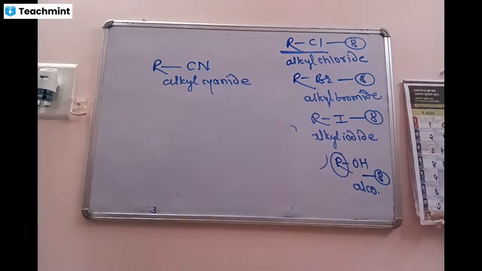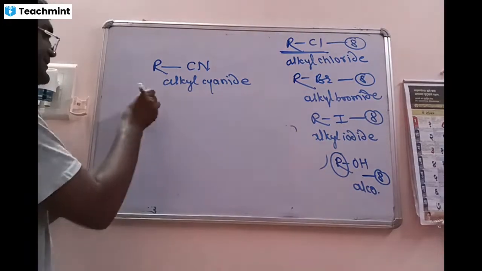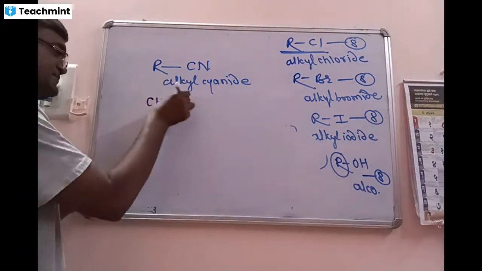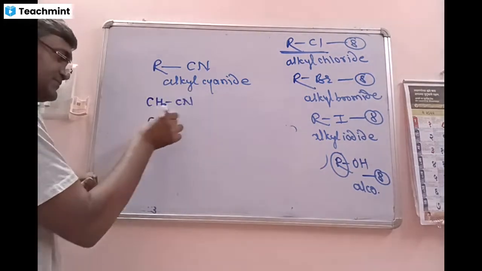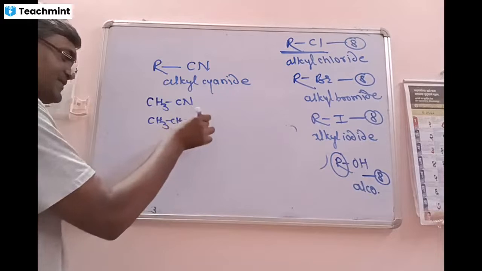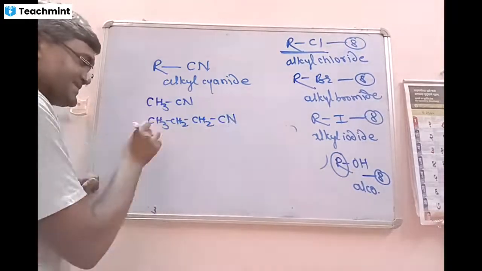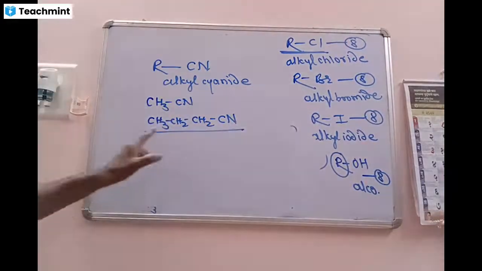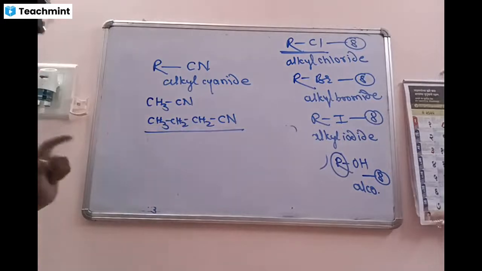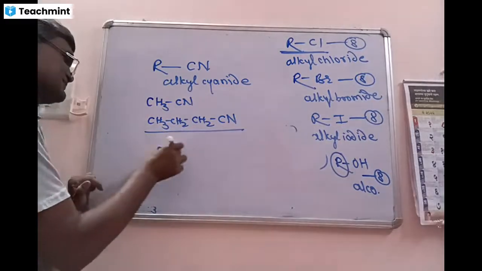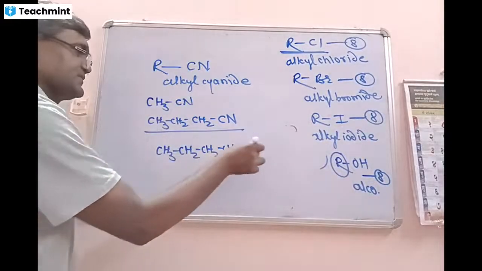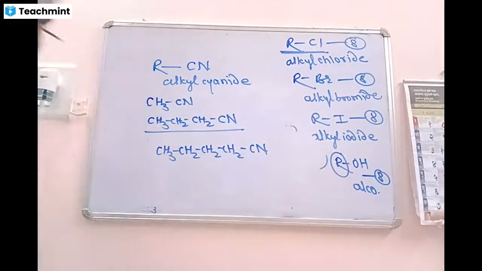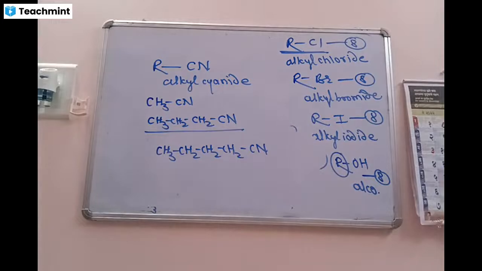मेरी स्पीड से आना चाहिए। Okay, see this one, methyl cyanide. Yes, n-propyl cyanide. You go for this. What should be the name? N-butane cyanide.